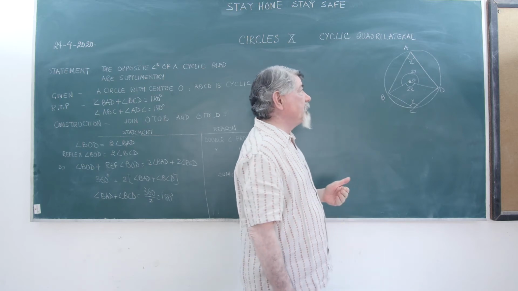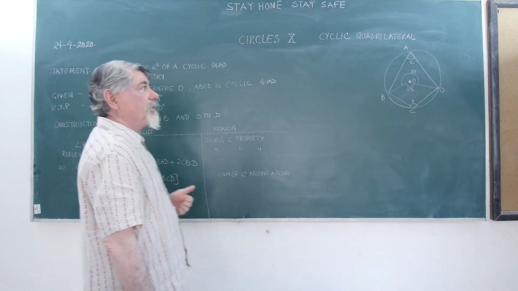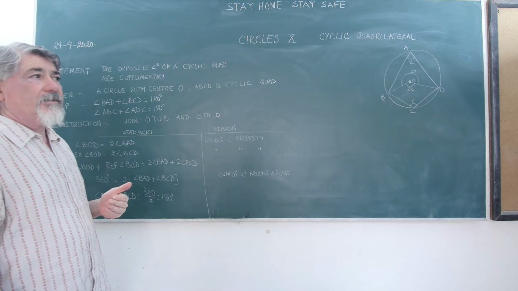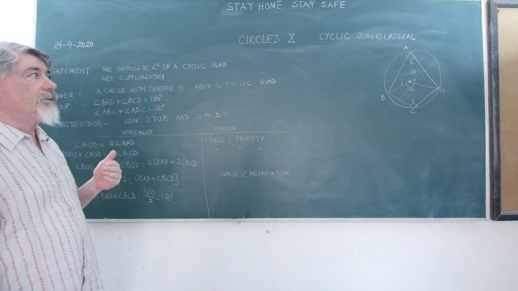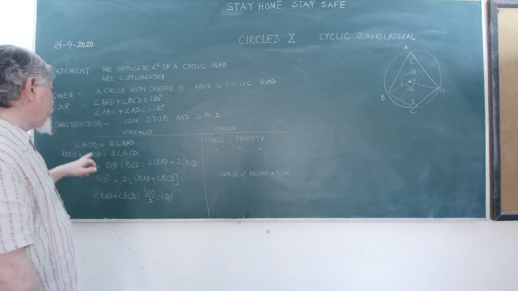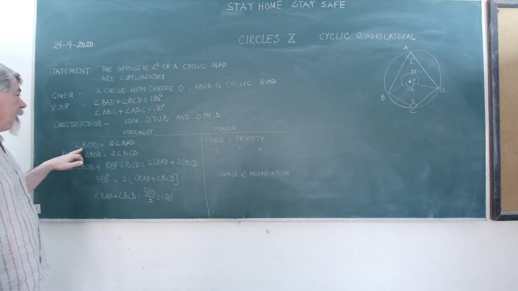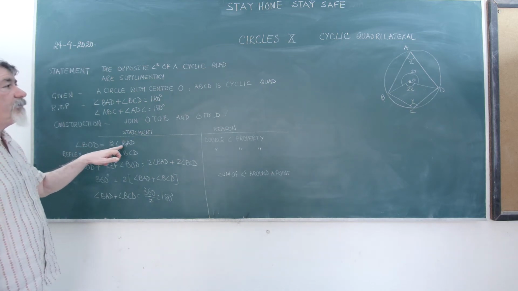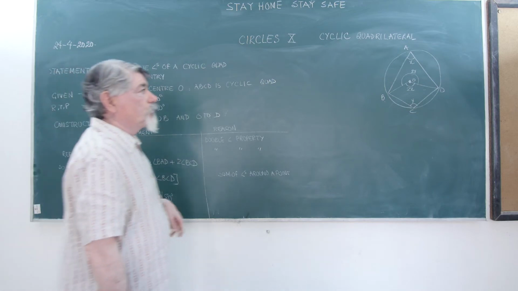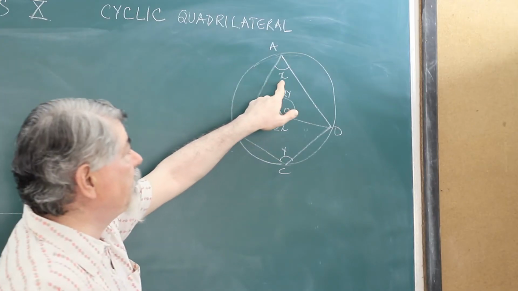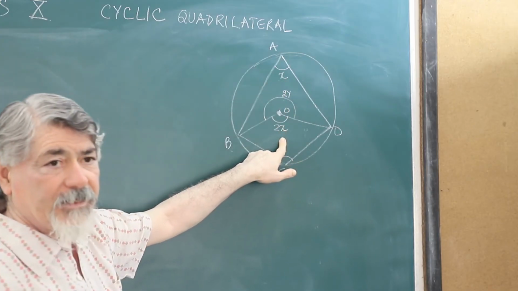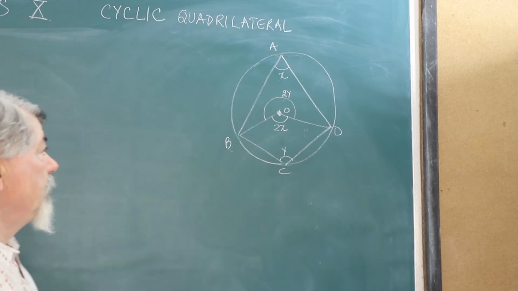So the relation is that the angle at the center is double the angle subtended by the same arc at the remaining part of the circumference. So we are saying angle BOD is double of angle BAD. So if I have assumed the angle BAD to be x, then this angle is going to be 2x.